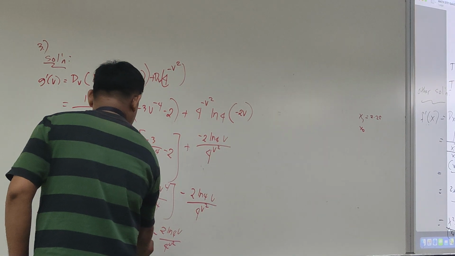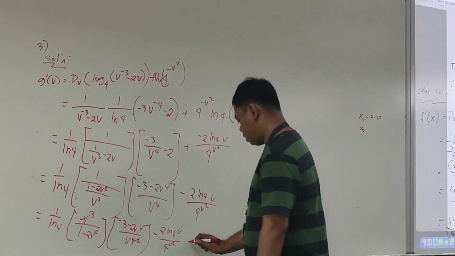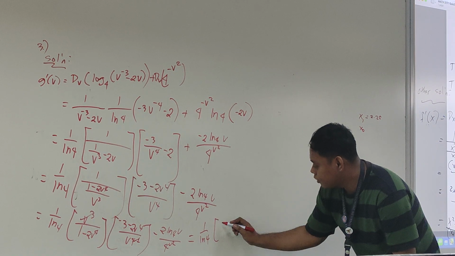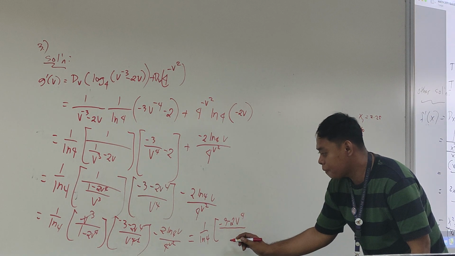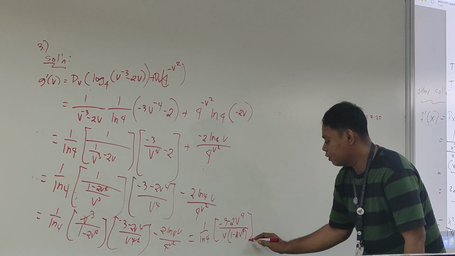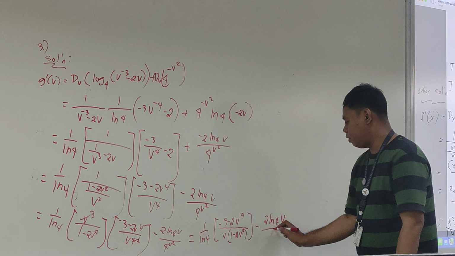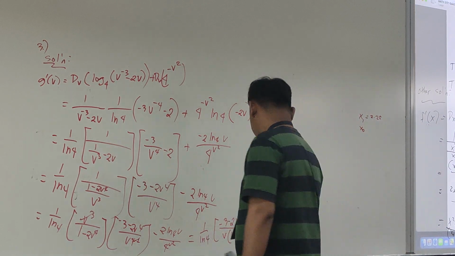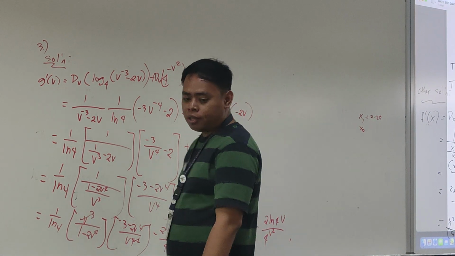So, this is 1 over ln of 4, negative 3, negative 2v to the 4 all over 3 times 1 minus 2v to the 4, minus 2 ln of 4v all over 4v. So this answer is acceptable.